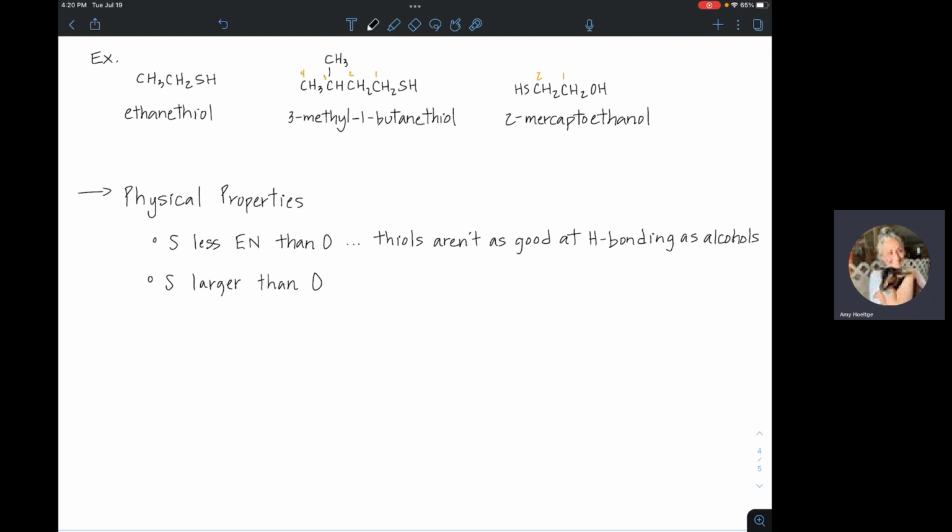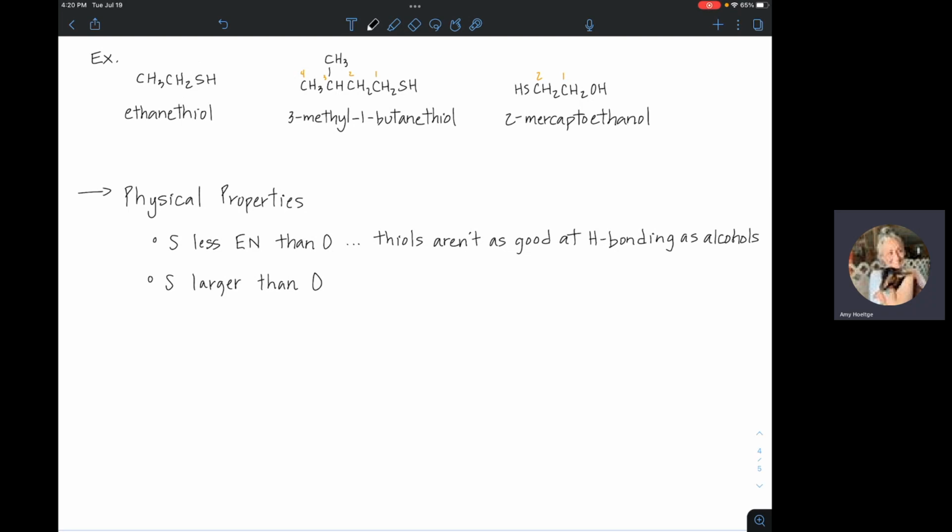So sulfur atoms are bigger than oxygen atoms. What does that mean? If we deprotonate a thiol, taking the hydrogen off like you would when deprotonating an alcohol, that negative charge on the thiolate ion is going to be spread out over a larger volume of space than the negative charge on an alkoxide ion.